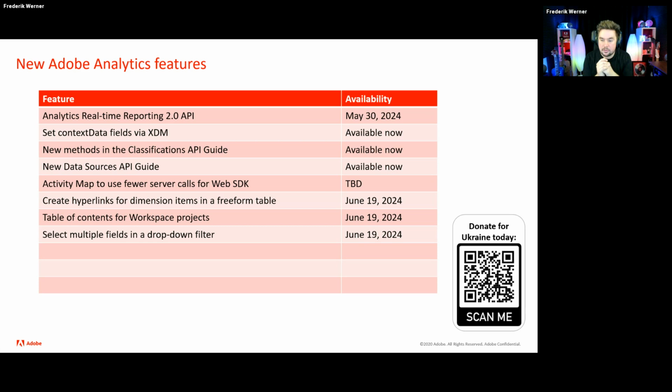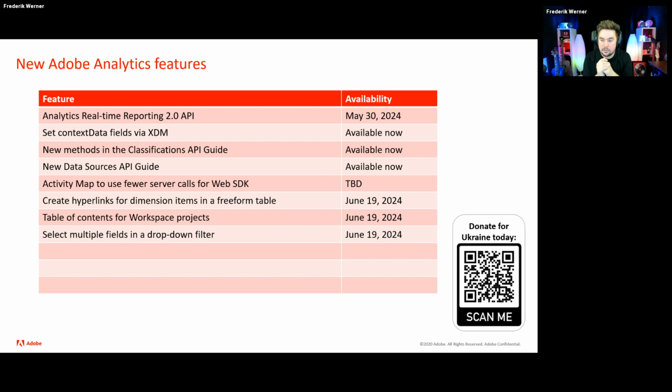Currently there's no way to do that same thing in Web SDK. That's not a feature that is available. Adobe is trying to make it available, which is great, and the release date is still TBD. They're just trying to figure out how to do it, which is understandable because it's a big change on the Web SDK side, but it's still under development.